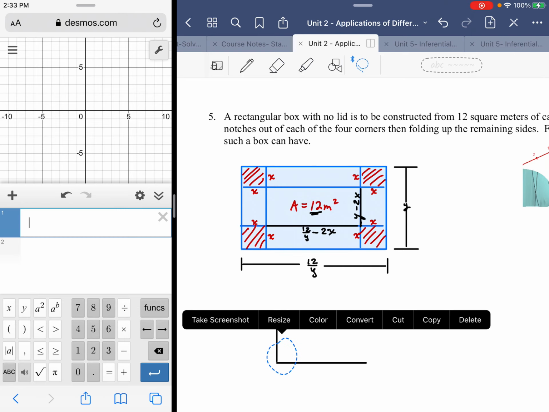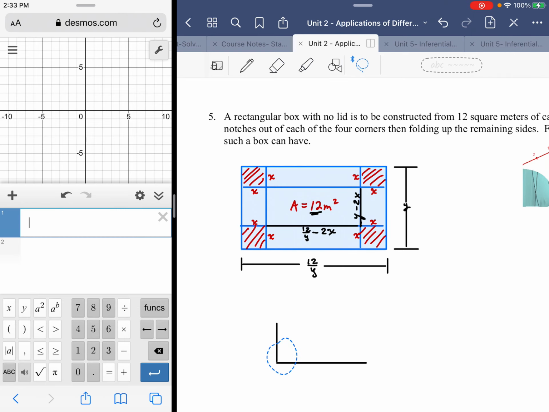That would basically be the base of the rectangular solid, just piecing it together, creating that rectangle. Give it some height consistent with the length of X.